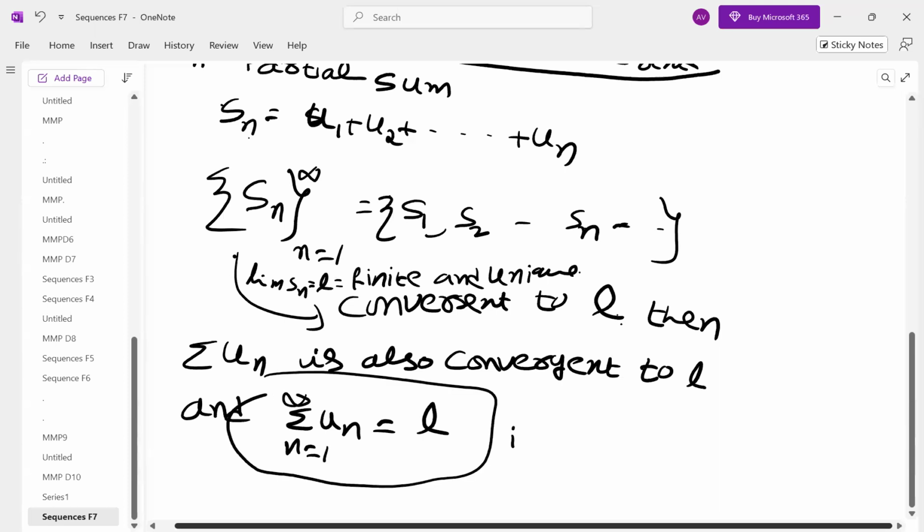That is, u1 plus u2 plus and so on, up to infinity, is equal to L.